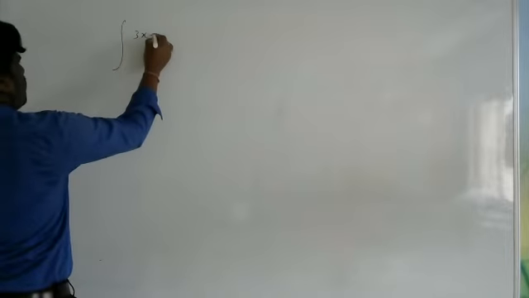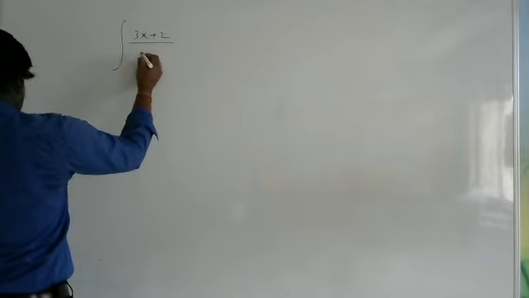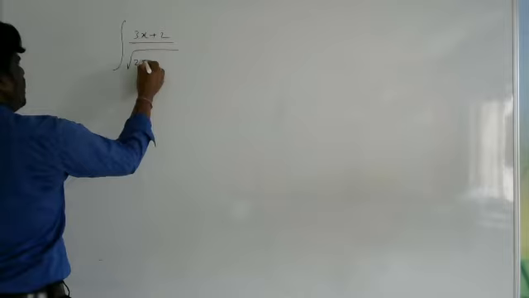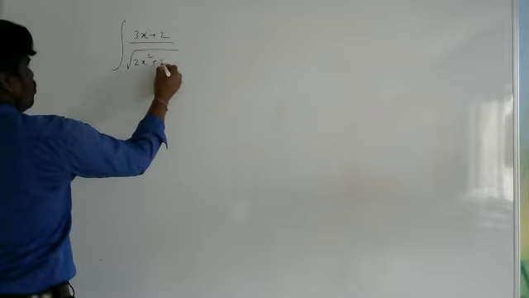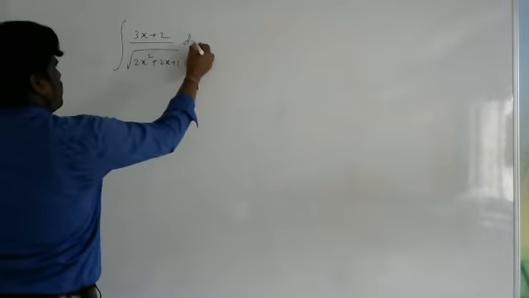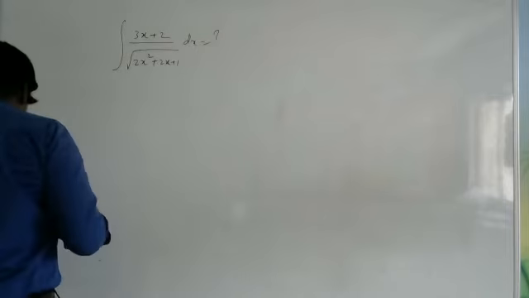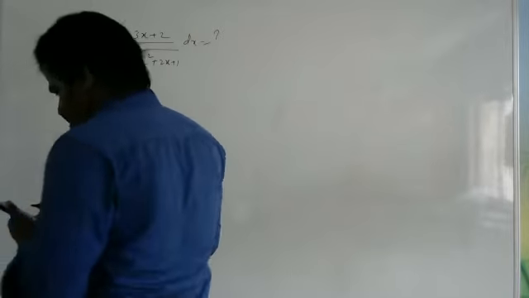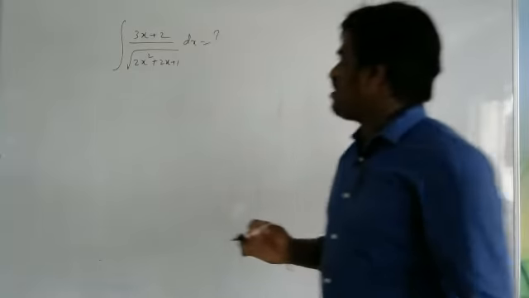Integration of (3x + 2) divided by the square root of (2x² + 2x + 1) dx is equal to how much? This is the question. Write it down. So what is the formula?